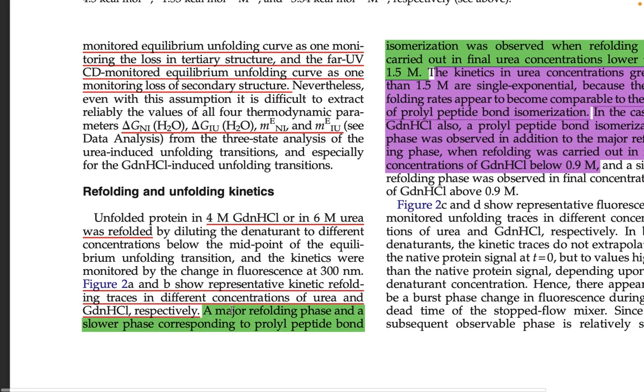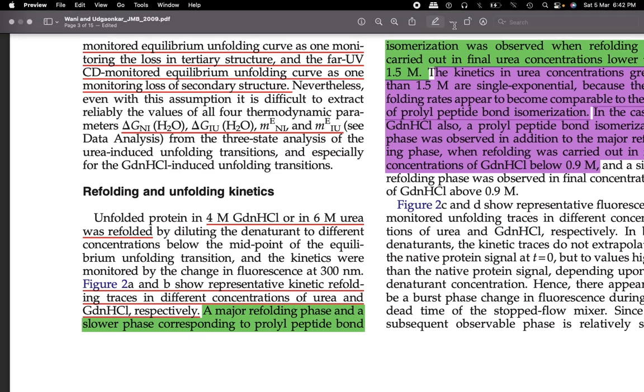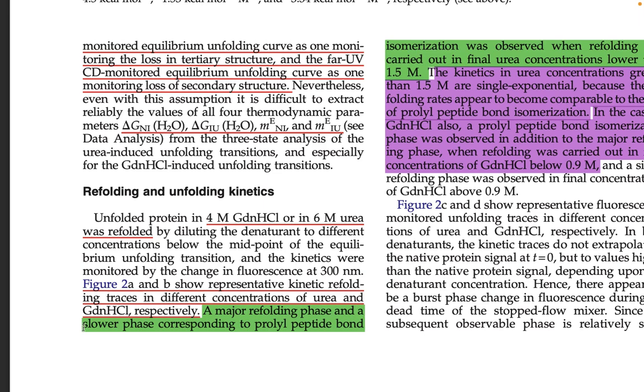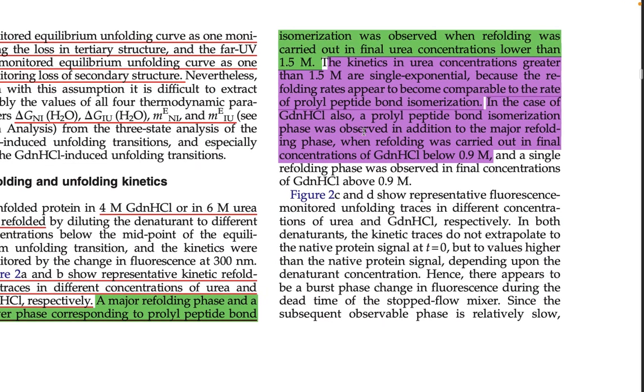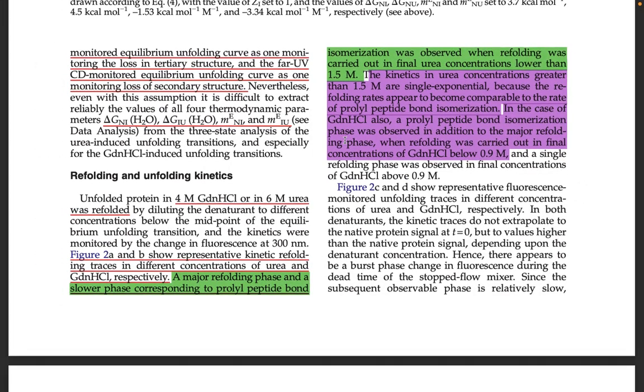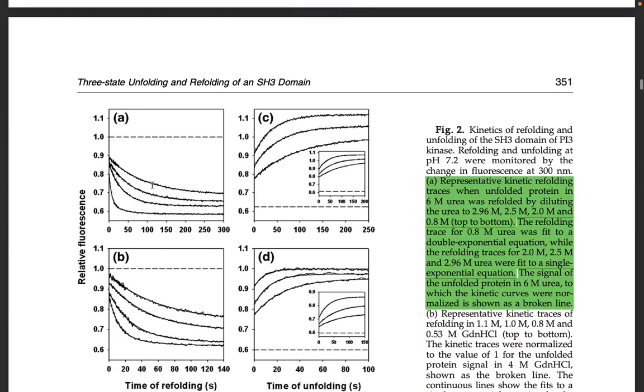So, a major refolding phase and a slower phase corresponding to prolyl peptide bond isomerization was observed when refolding was carried out in a final concentration of urea lower than 1.5 molar. So here you see.